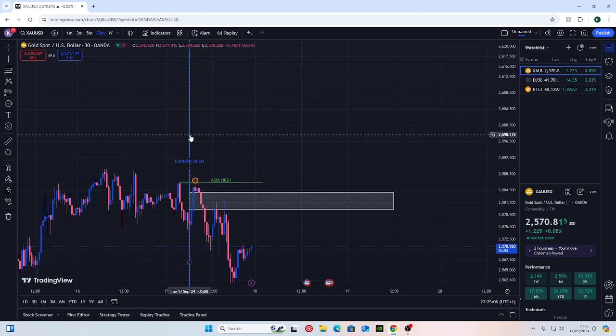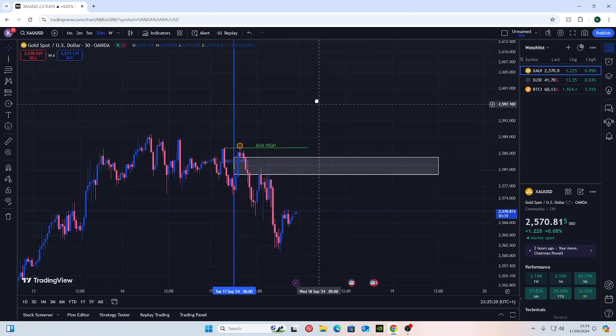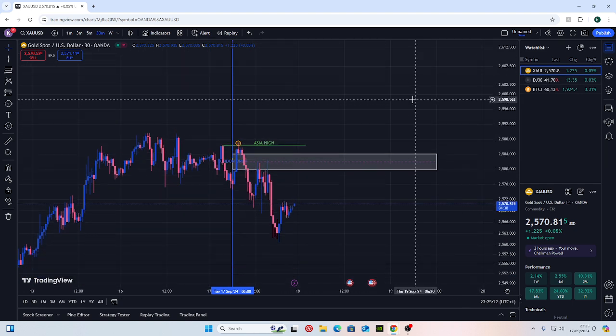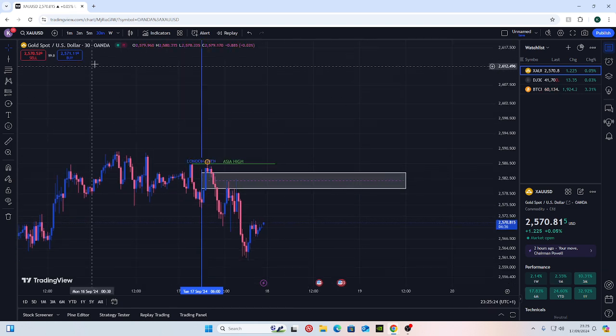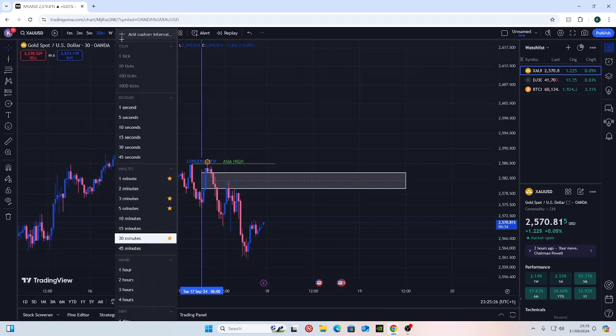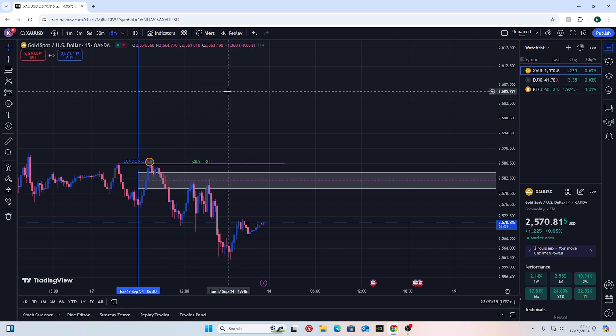But yeah, I wouldn't say risk it, but I don't see the market have a massive crash. I don't see it dropping back down, but yeah, that's all for that one. I don't think there's anything else for that 15-minute entry model.